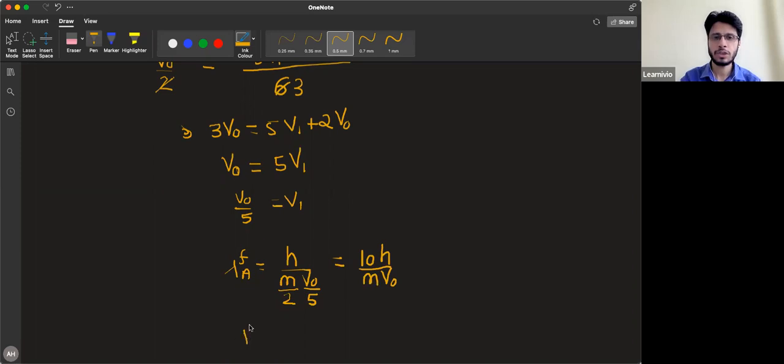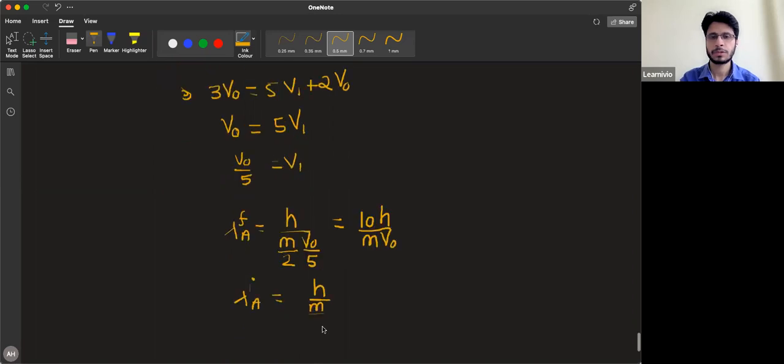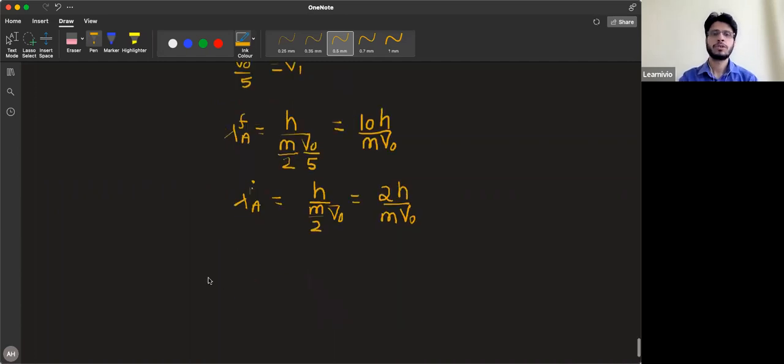And your initial wavelength of A is h by m by 2 into V0. The 2 will go to the numerator and this will be 2h by mV0. Now what you can do is take the difference in the wavelength.